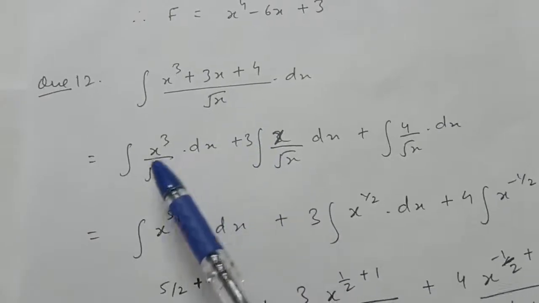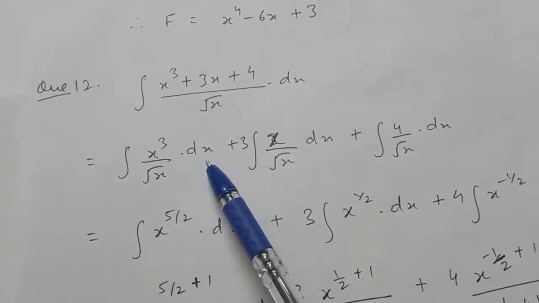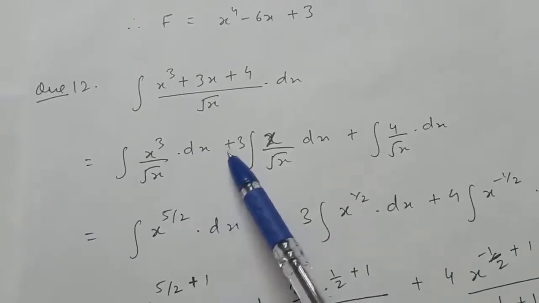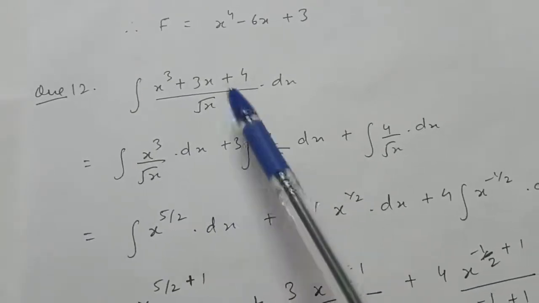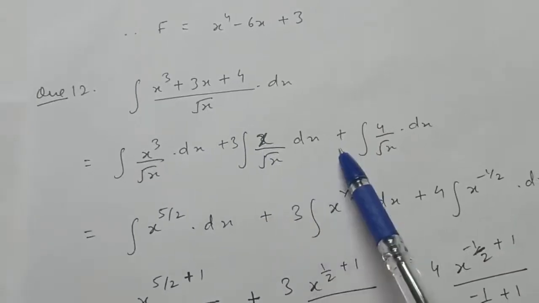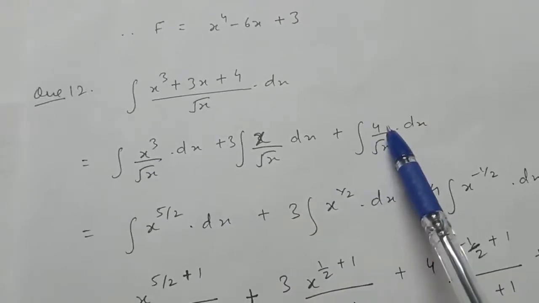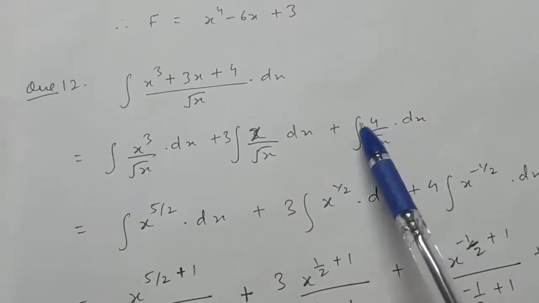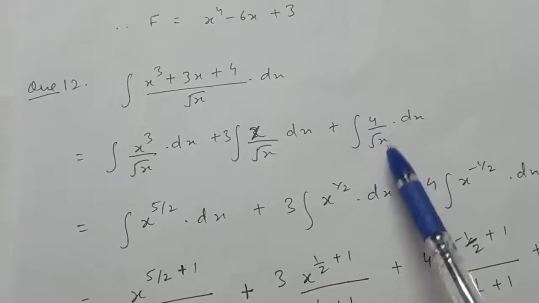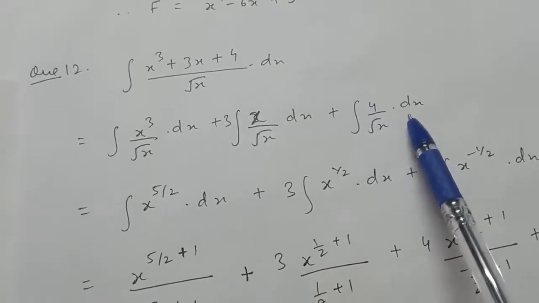So you will get integral of x cube upon root x with respect to x plus, take out 3 outside, integral of x upon root x plus, take out 4 outside, integral of 1 upon root x with respect to x, right?